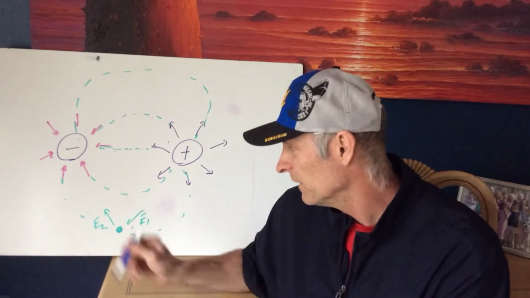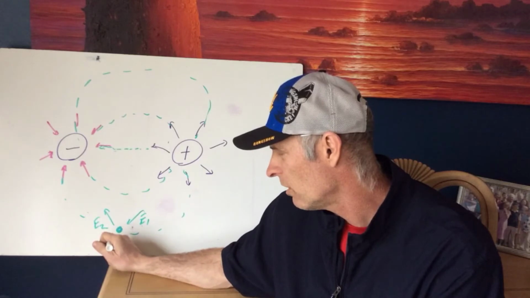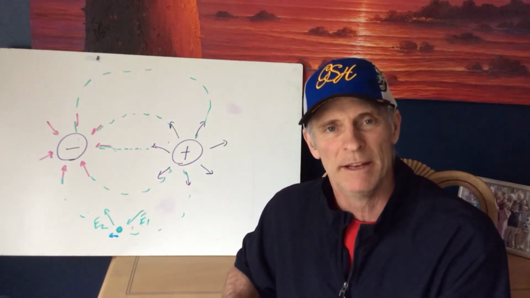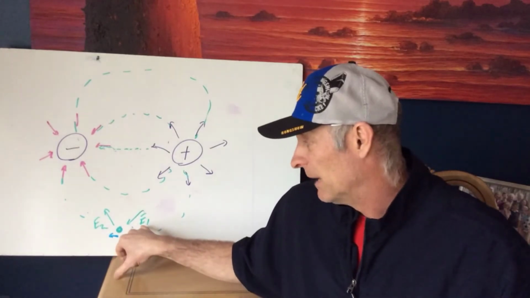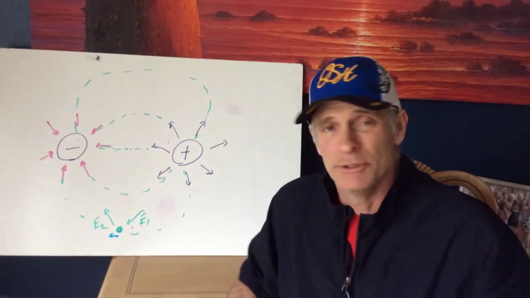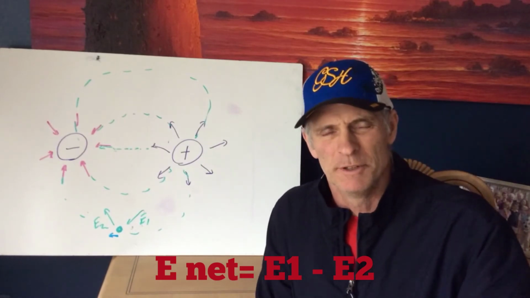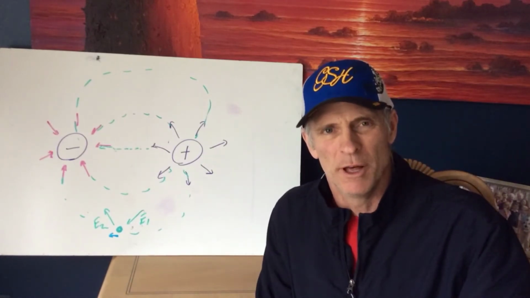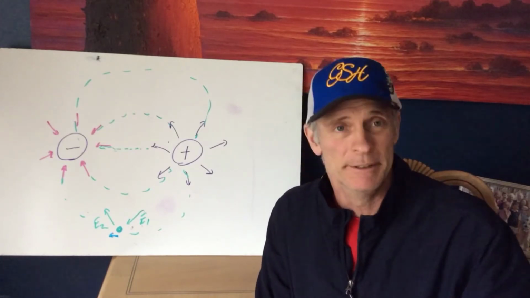So really, the only net value would be a small x component, called E total. Combining E1 and E2 for an E net field would move a little bit more to the left, in this case, toward the negative electron.